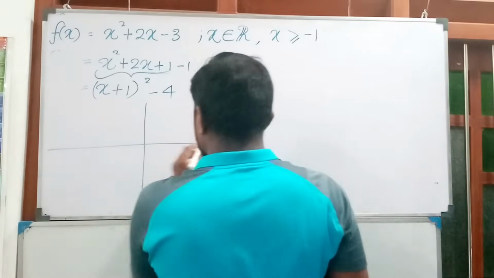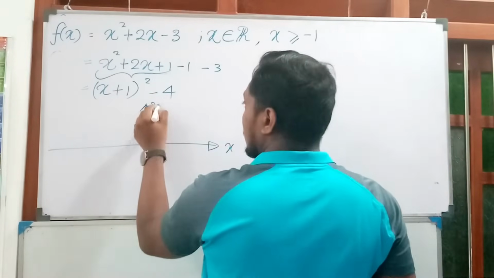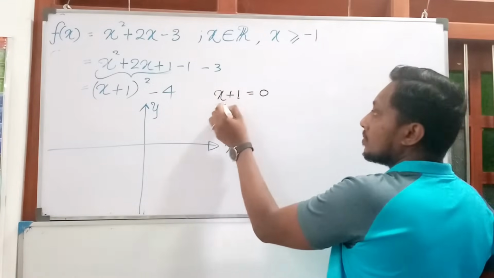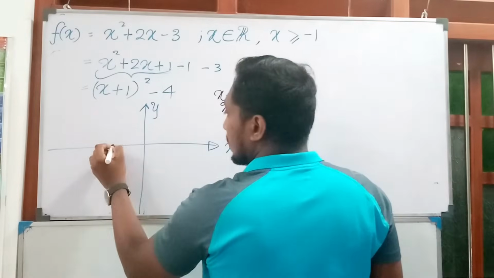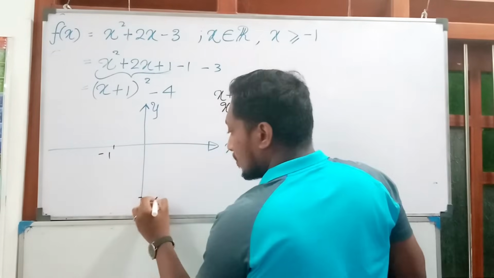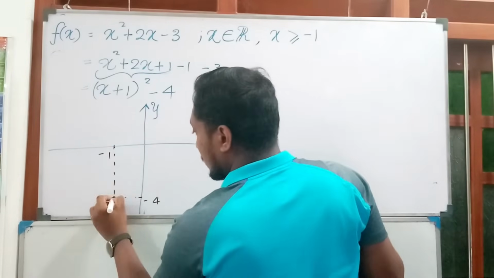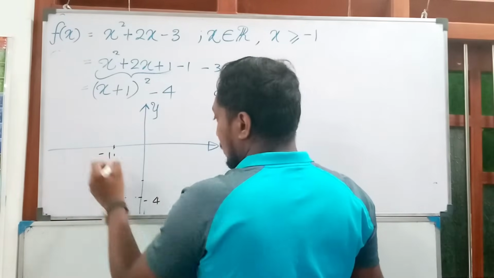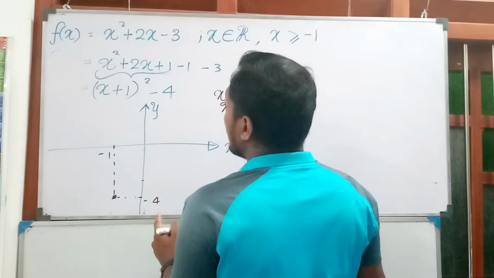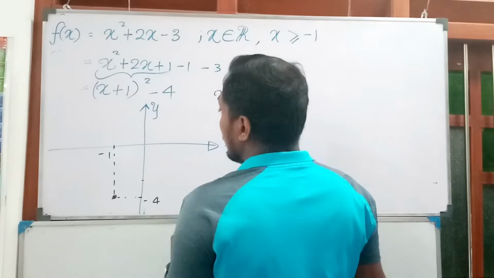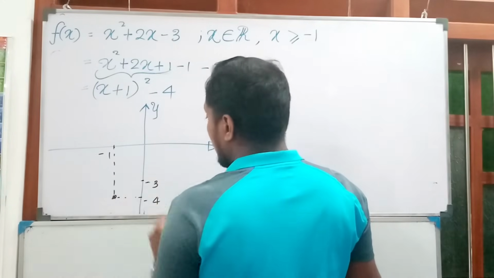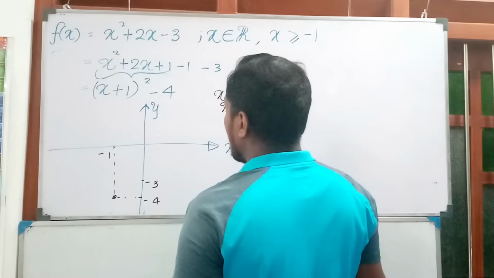Then you simplify. The first 3 terms together are (x plus 1) squared and the rest is minus 4. Now if you see the graph of that, you will see the turning point is (minus 1, minus 4). So that's why they have given that domain starting at minus 1. If we take the domain beyond minus 1, then the graph is not one-to-one. So the domain can be adjusted for any function to be one-to-one.